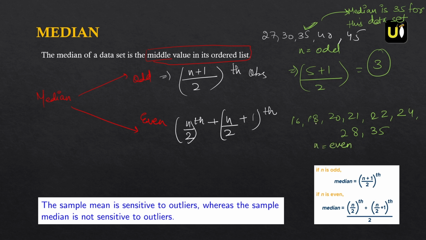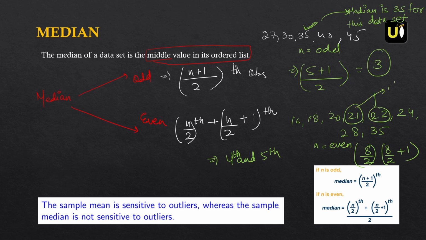The count is 1, 2, 3, 4, 5, 6, 7, 8, so 8 by 2 and 8 by 2 plus 1th observation. So this would be the 4th and 5th observations, and their values will be the median for this data set.